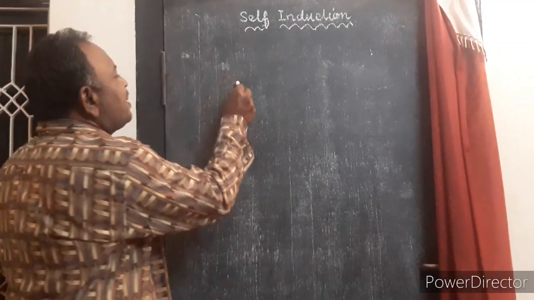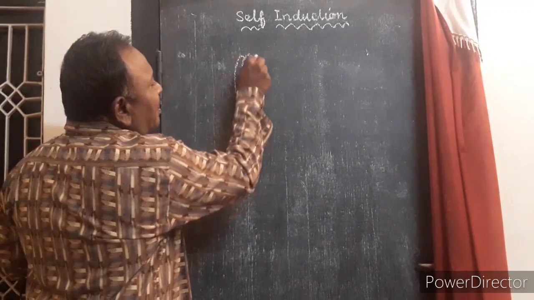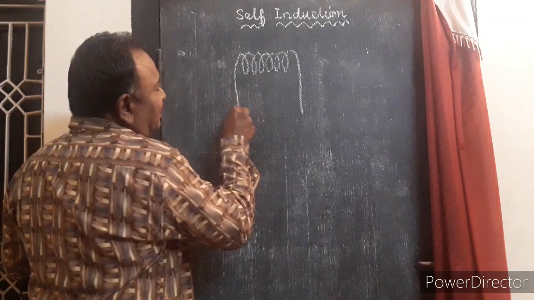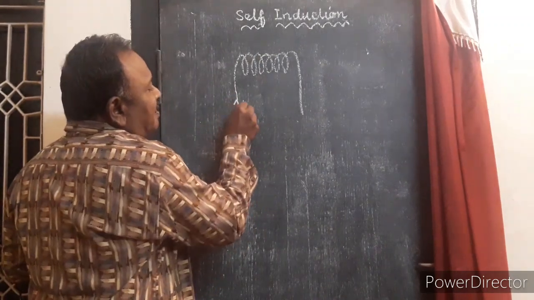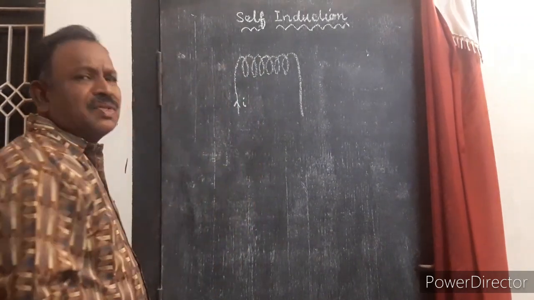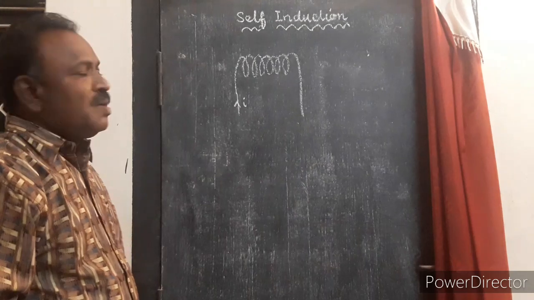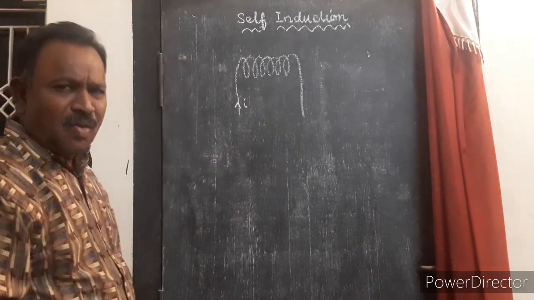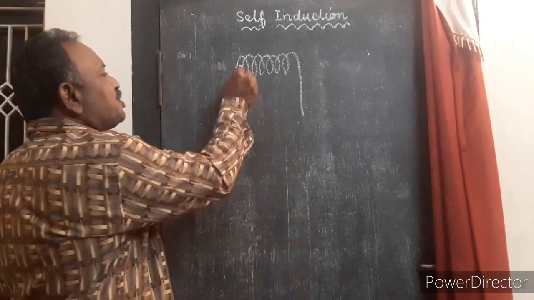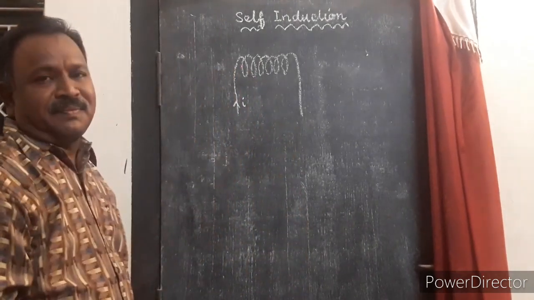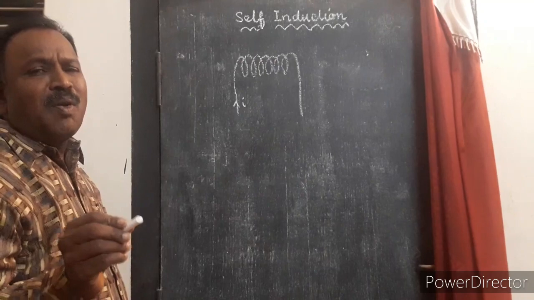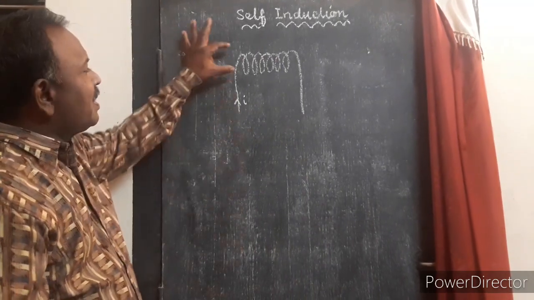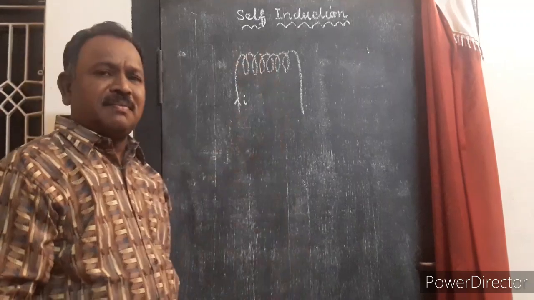Let us consider a solenoid or a coil. Let I be the current that passes through this solenoid. When current is allowed to pass through it, we know there is a magnetic field. It is capable of producing a uniform magnetic field inside the solenoid.